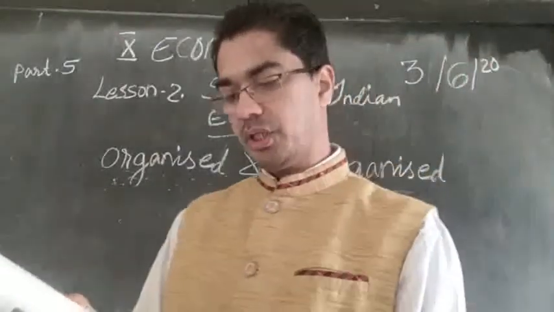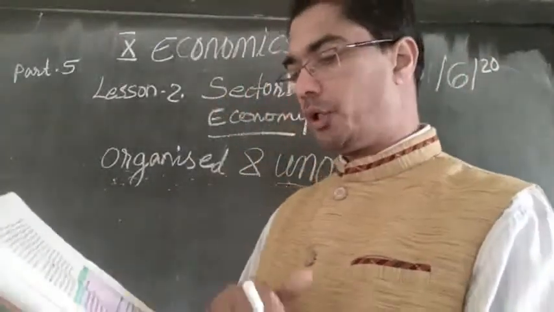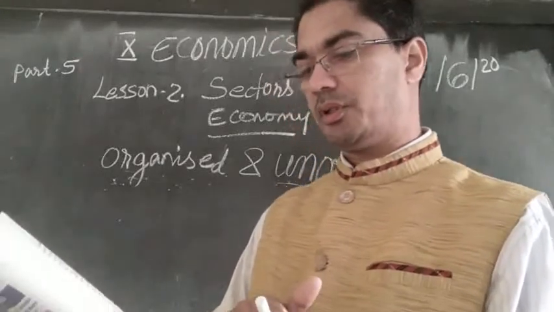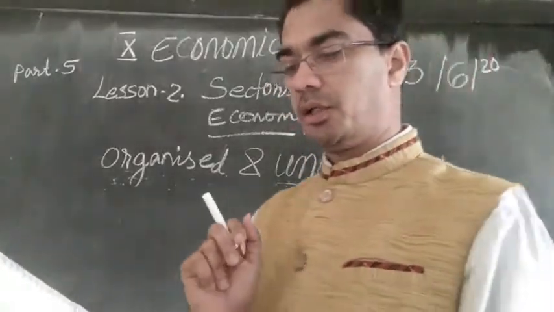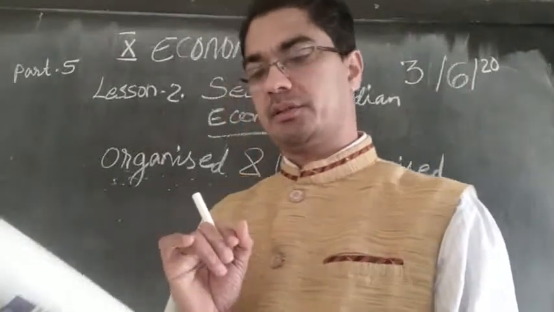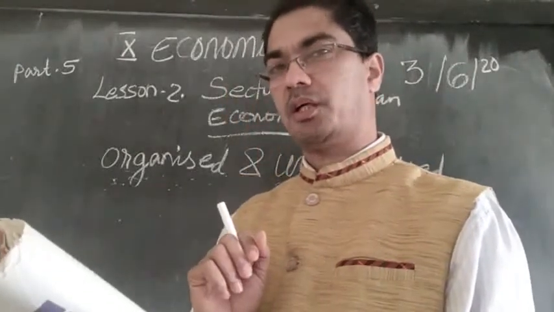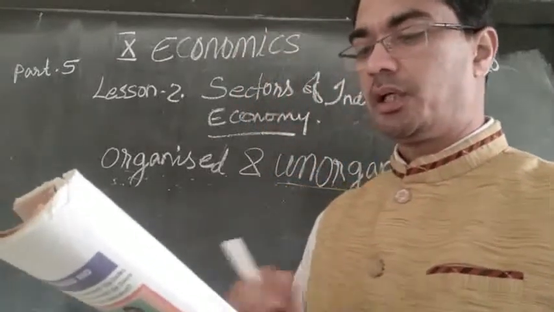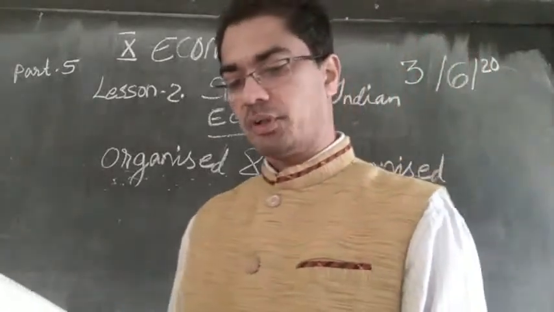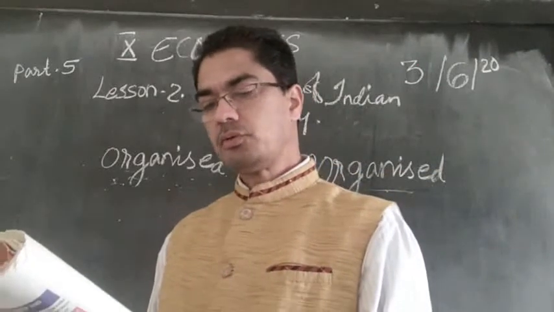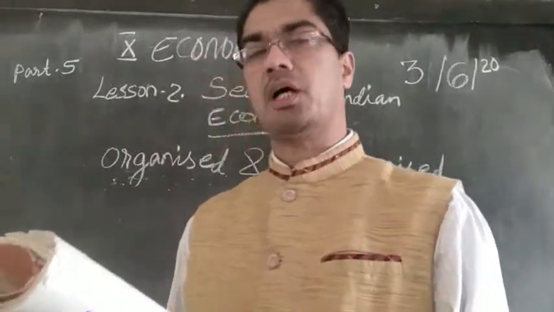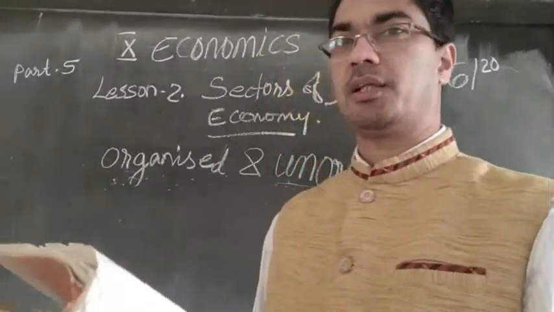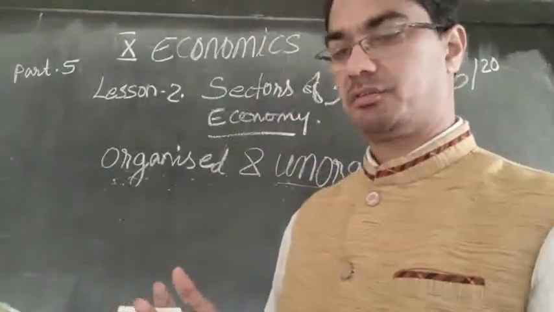For example, in the primary sector we can see 2 million people are working in the organized sector. All the rest are working in the unorganized sector. Then in the secondary sector, only 9 million people are working in the organized sector and 54 million are working in the unorganized sector. See the difference.